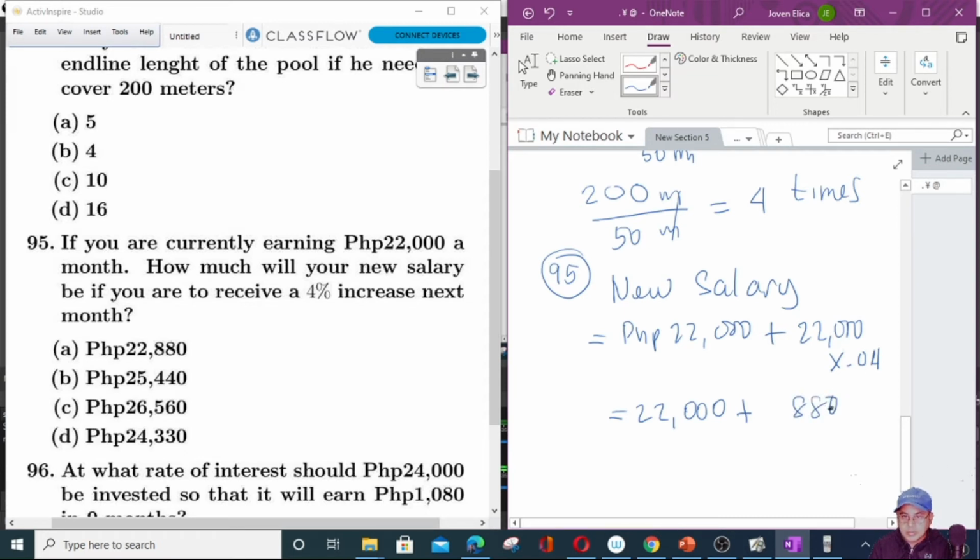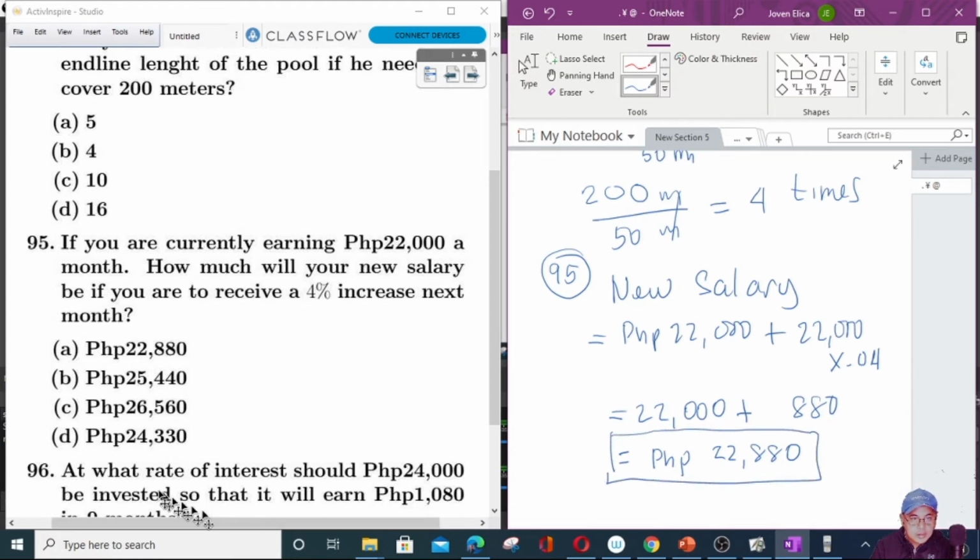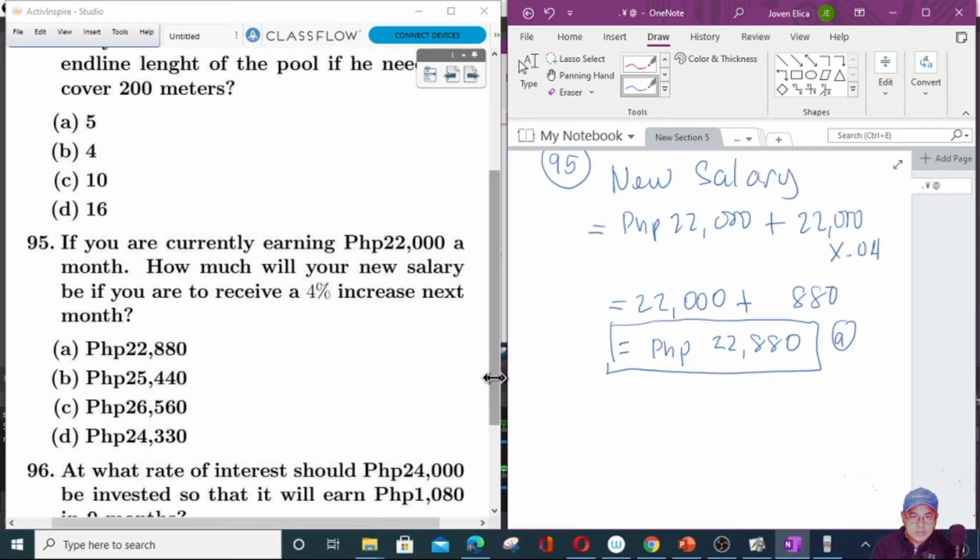Multiply that one, that will be 880 pesos. So therefore, the new salary after increase will be 22,880 pesos. Very simple. Letter A. Alright. So let's move on.